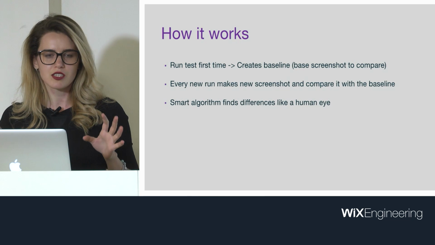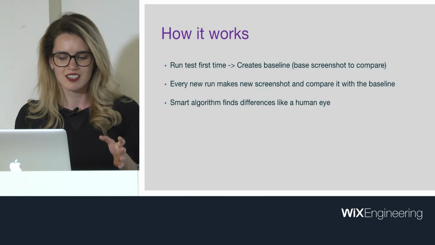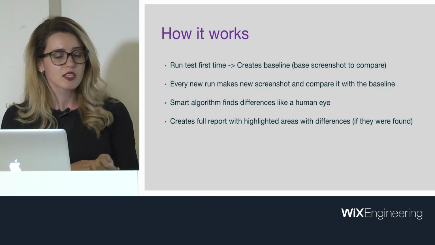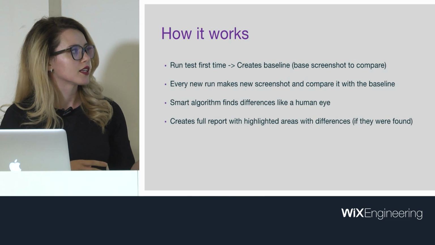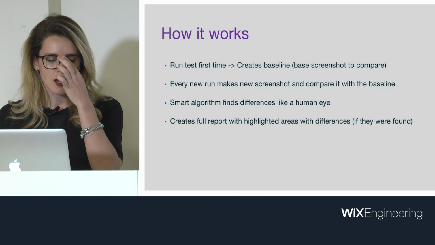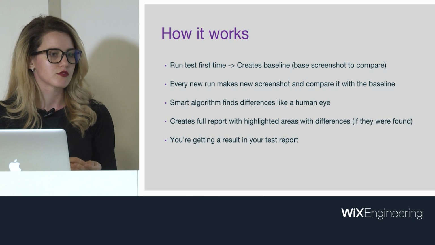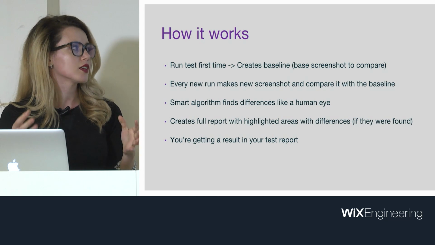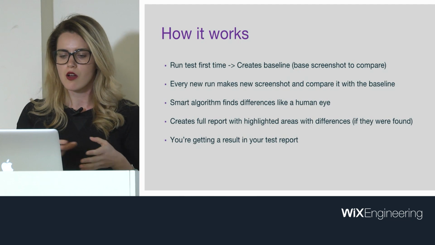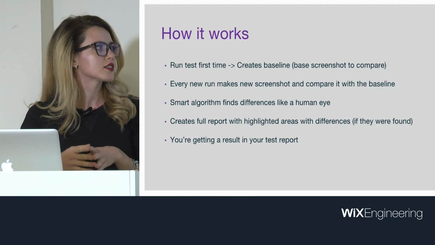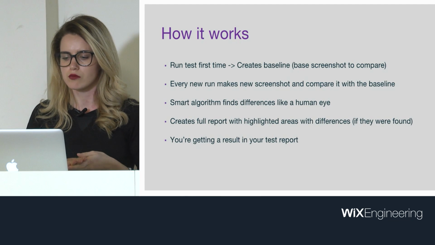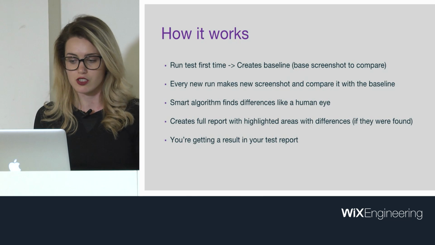You need to see just the differences that you see, and the algorithm does it. Then it creates a full report with the highlighted areas where it found differences, if they were found. And you're getting the result in your test report. So if the test passed or failed, and if the test failed, you're getting a link to the Applitools dashboard where you can see all the highlighted areas. You can see what was the baseline, what was the new screenshot, and why it actually failed.